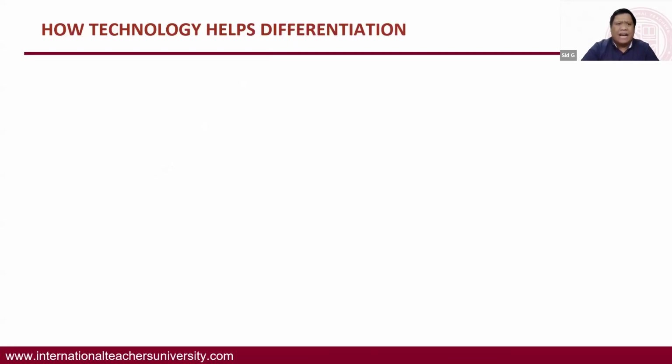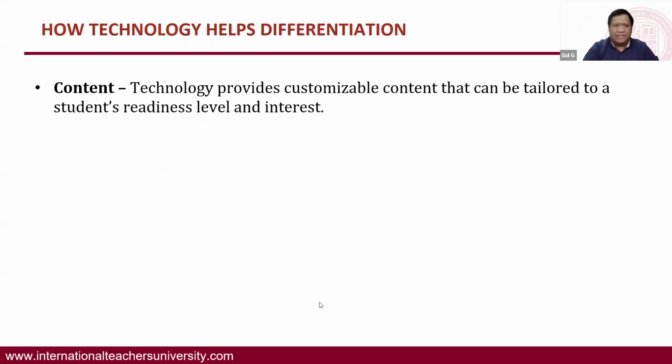Let's give an example. How will you use technology on this? Okay, content: technology provides customizable content that can be tailored to the readiness level of the student. Is it really hard for them? Is it very easy for them? You can change it, and some tools are even adaptive.